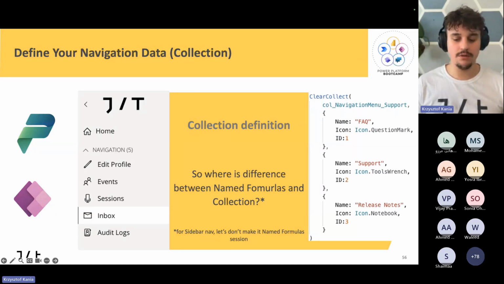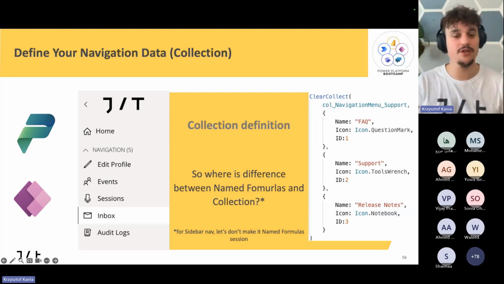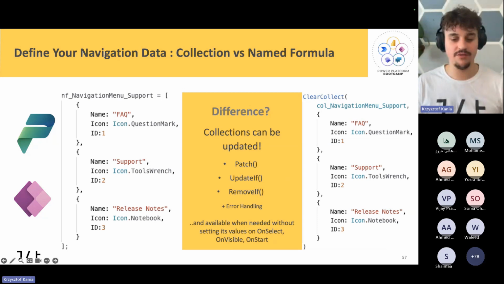So how does the collection definition look for our sidebar here? We have to collect it, so it has to be an action. As you can see, the code is pretty similar, but in ClearCollect we have the name of the collection. In the named formula, we have only the name of the formula. No ClearCollect, no action. It will be available when it is needed. So what's the difference? Mainly that collections can be updated.